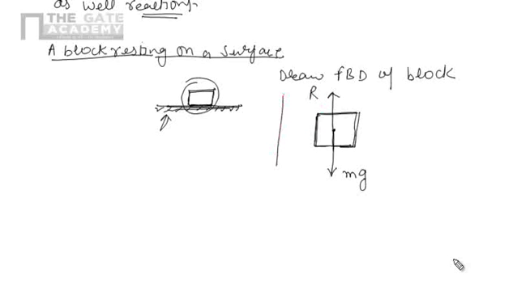So this is the free body diagram for this block, where this reaction R and the gravitational force are acting on the body. By this free body diagram, we are showing the forces which are acting on this block. For our present example, there is a reaction as well as the weight acting on the body.